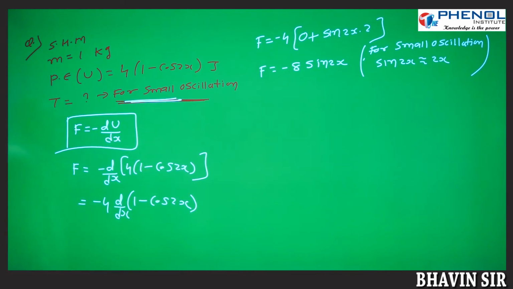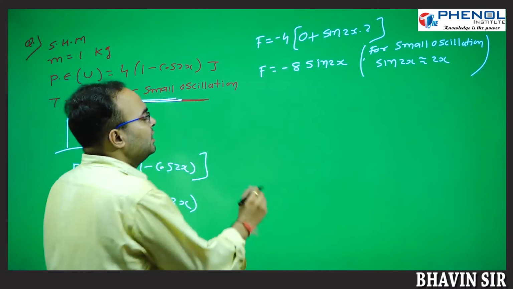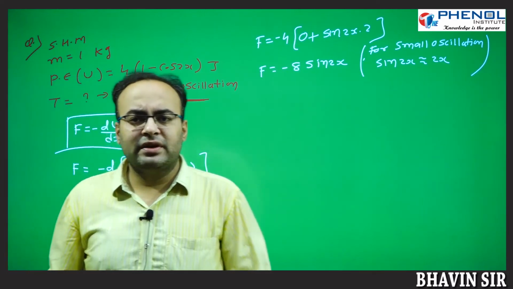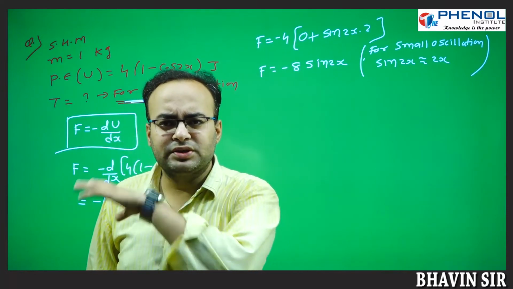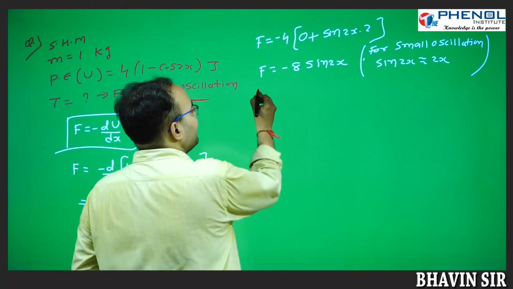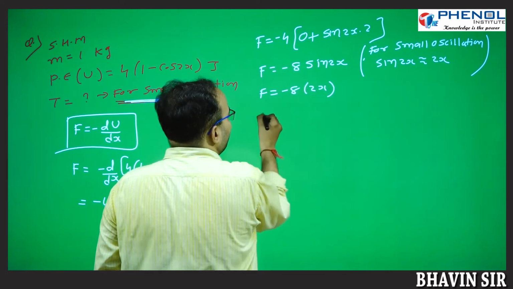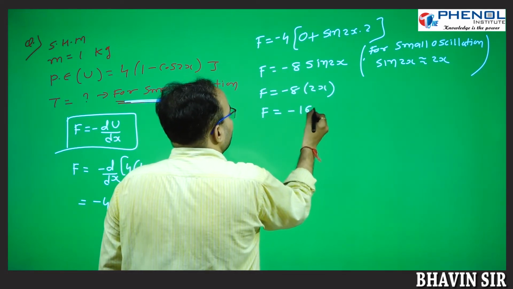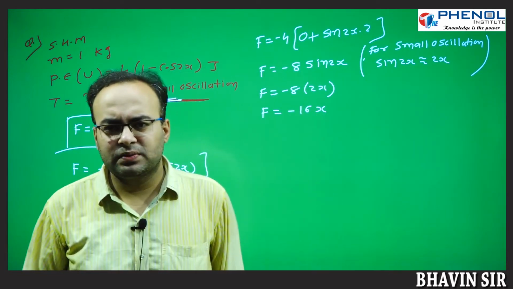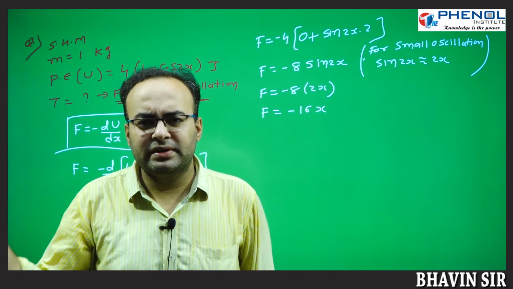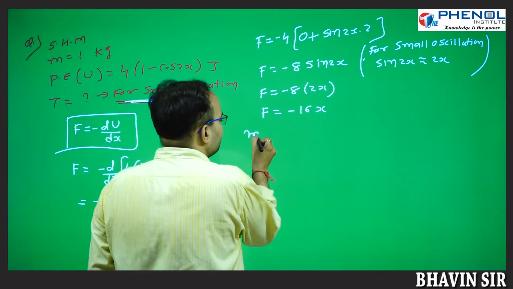For small oscillation, so we take sine theta equal to theta, because it is clearly given in the question, find time period for small oscillation. Chalo, so what is our answer? Minus 8 into 2x. So what is the force? Minus 16x. Chalo. Now force is equal to ma.